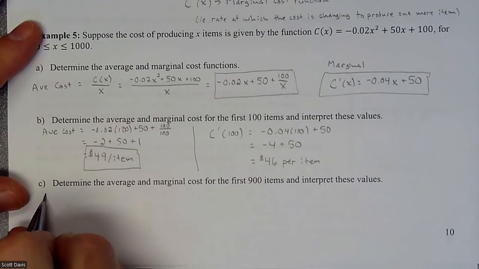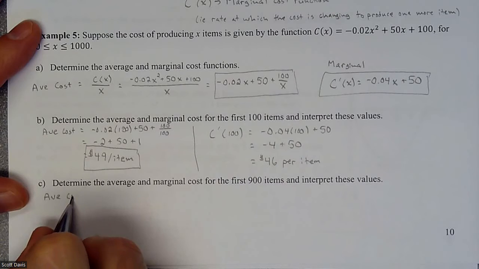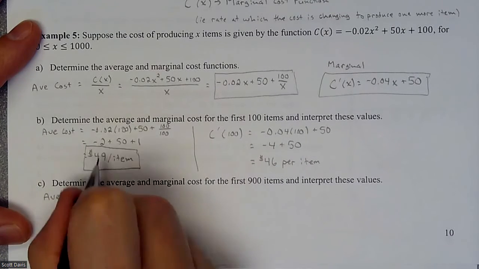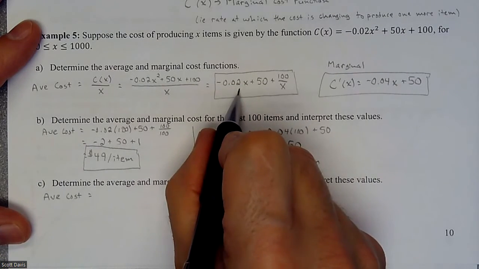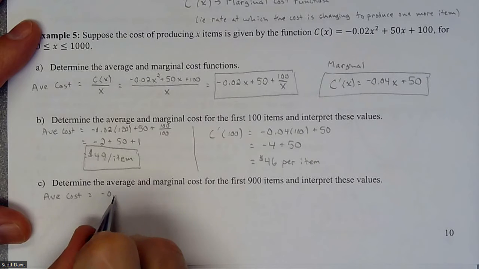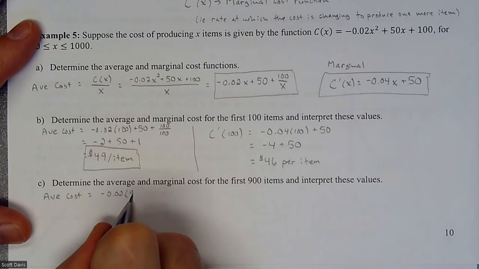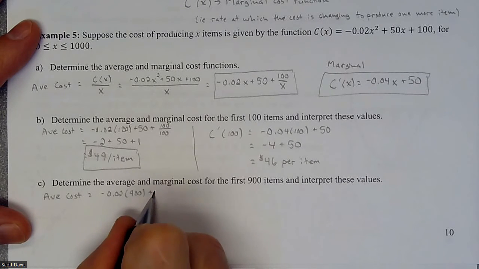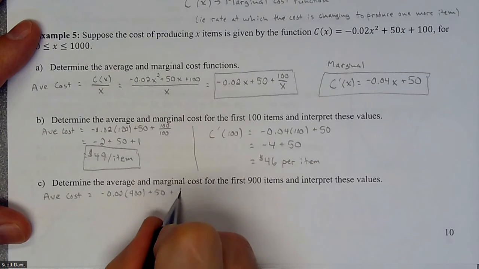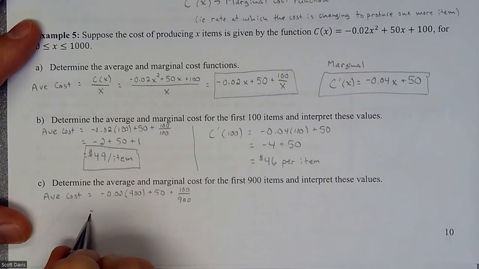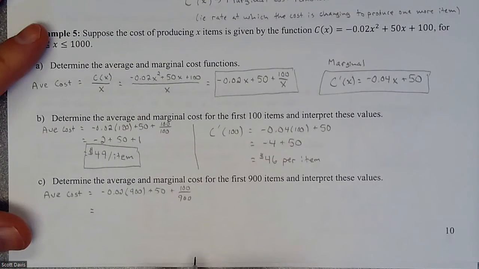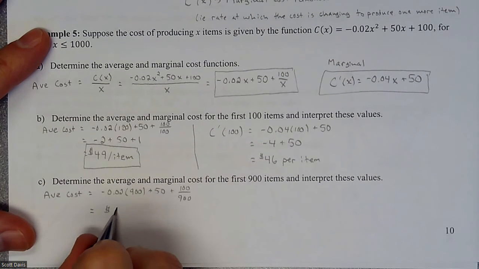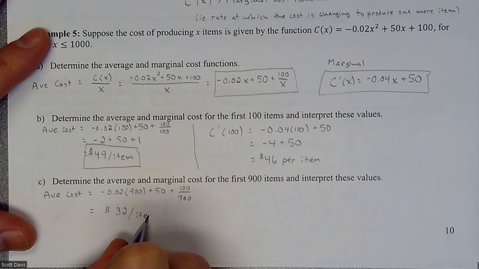So our average cost is going to be the same equation right here, negative 0.02 times 900 plus 50 plus 100 over 900. All right, and if we throw that all into the calculator, we're going to get about $32 per item. So that's good, more efficient.